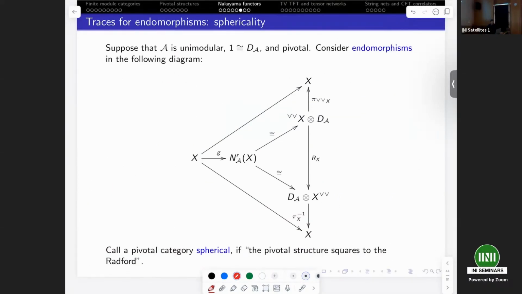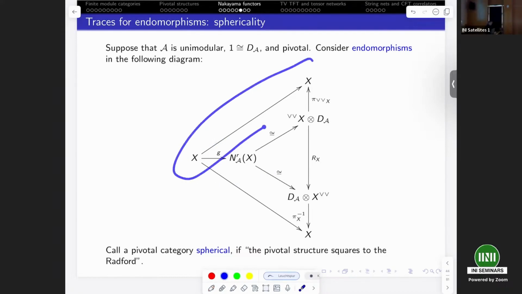And now, there are situations where you would like to consider not traces on twisted endomorphisms, but on endomorphisms. The big problem here, it's not a problem, it's actually a nice structure in the end, is that if you want to get an endomorphism, you have two ways.